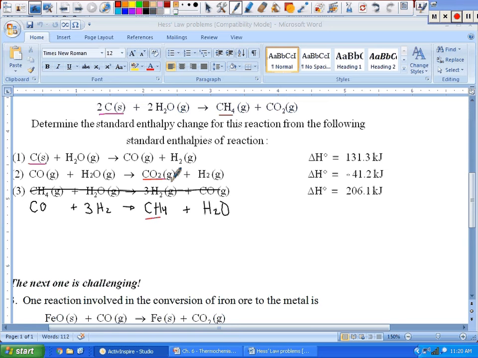It's a 2. So what do you think? What am I going to have to do to the coefficients? Which one? The first one. So I'm going to put a 2 here. I'm going to put a 2 here. I'm going to put a 2 here. A 2 here. And then what do I do to the delta H? Double it. So what's the total? Very good. 262.6. So that's my new delta H for that reaction.